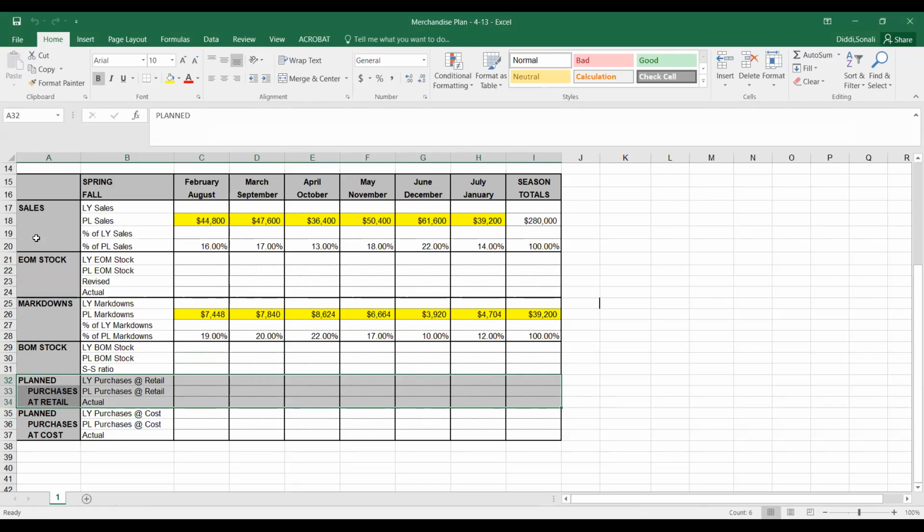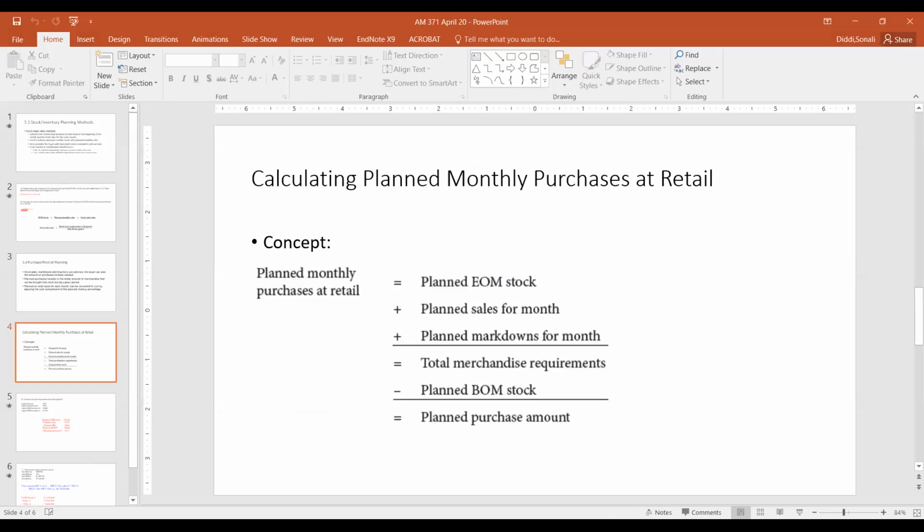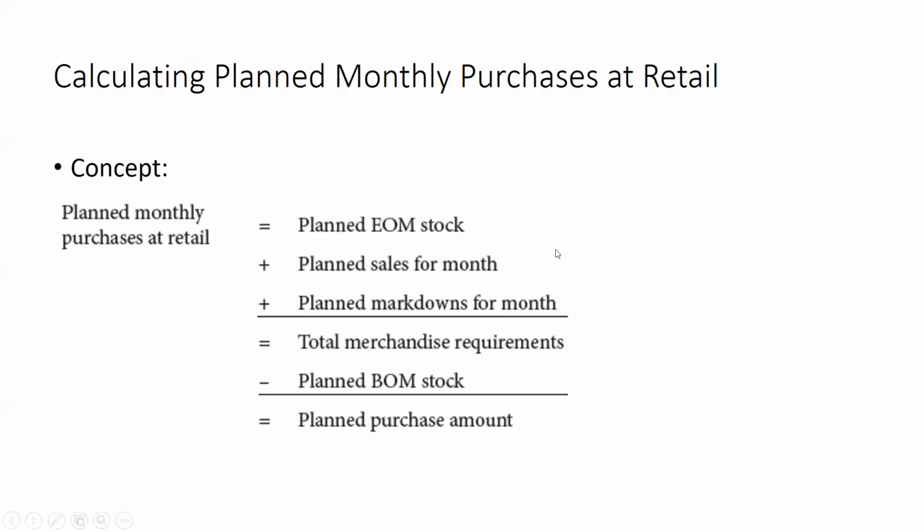So it would be sales plus EOM plus markdowns minus BOM is equal to planned purchases at retail. I'm going back to the slide. Okay, so that's your formula. Sales plus EOM plus markdowns minus BOM gives you your planned purchases at retail. Everybody okay with that concept?